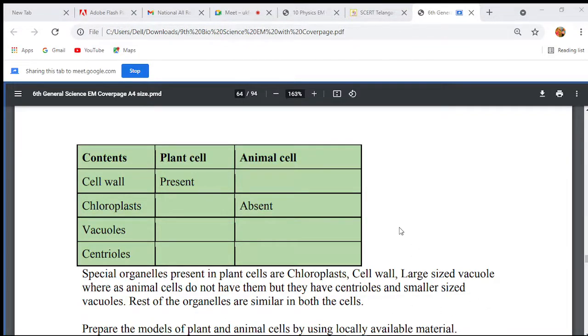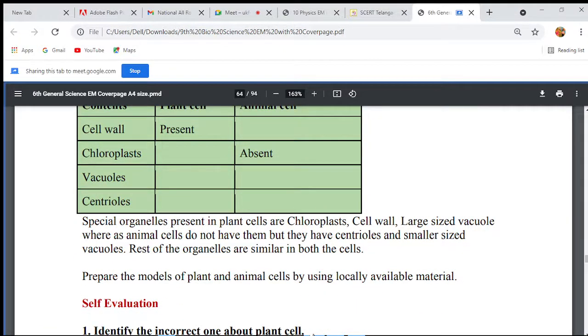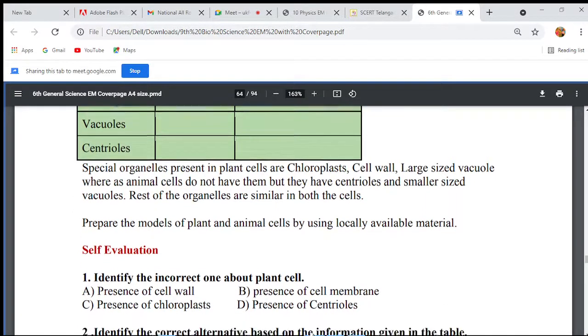Okay. So the special organelles present in plant cells are the cell wall and large sized vacuole, whereas animal cells do not have them, but they have centrioles and smaller sized vacuoles. So vacuoles are smaller in animal cells, and in plant cells the vacuoles are bigger. Okay. The rest of the organelles are similar in both cells.